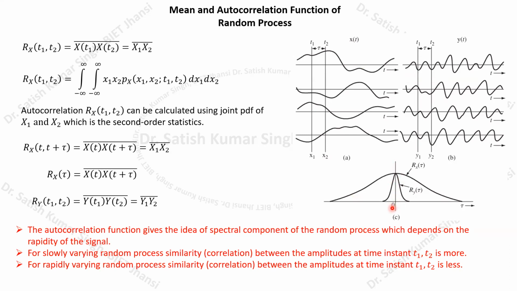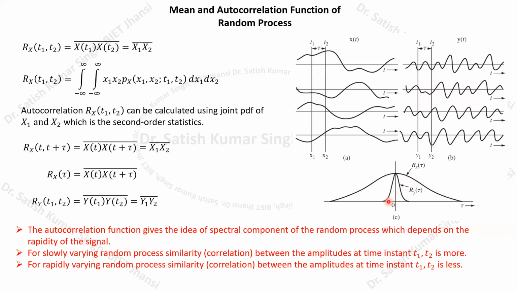Whenever the signal has less rapidity, the autocorrelation graph has more spread, as compared to the signal which is very rapid in nature.